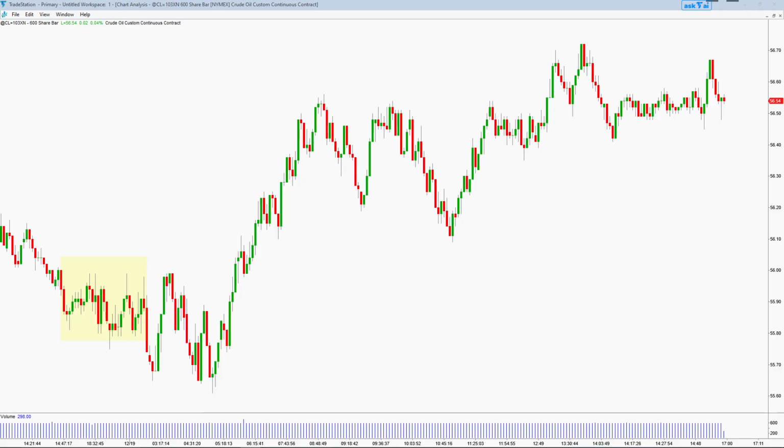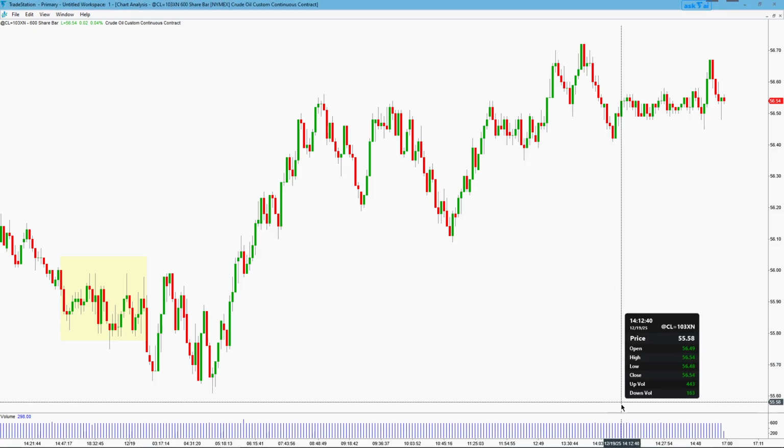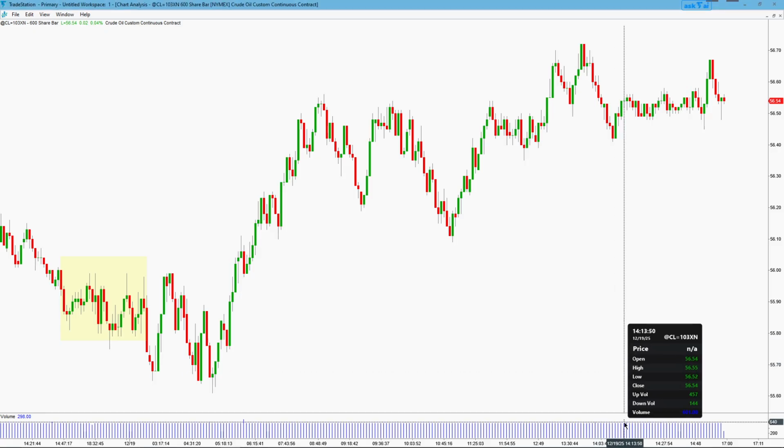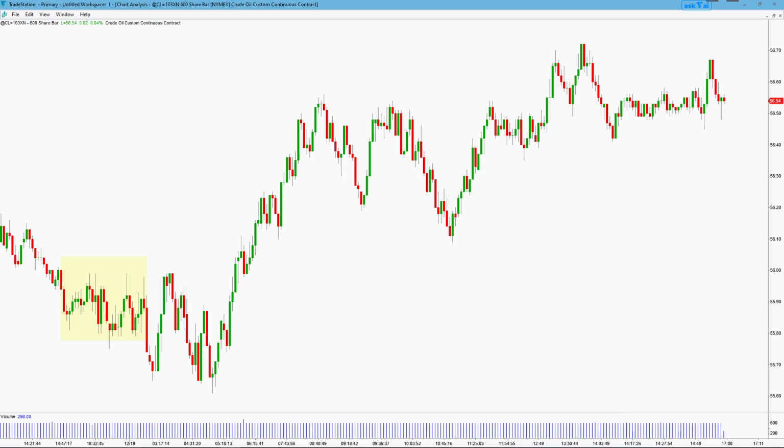But it turns out that tick charts are a good enough approximation of volume charts. Consider this volume chart, where every bar traded almost exactly 600 contracts, as we would expect. If we go back to the 600 tick chart, you may expect that volume would vary much more dramatically because obviously each trade would have to be different sizes.